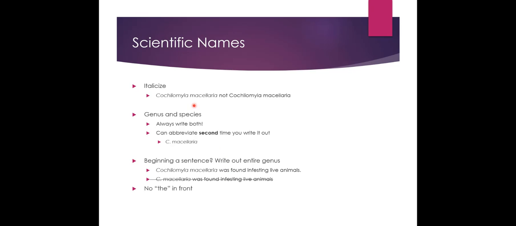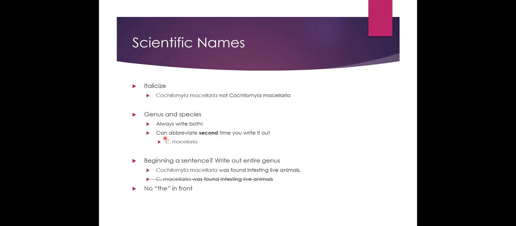However, you only have to write out the genus the very first time you write the organism, because then you can assume, especially in a paper, that you've introduced everybody to what you're talking about. Now you don't have to waste your time writing both. So the second time you write the genus and species, you can abbreviate the genus. Usually the abbreviation is the first letter of that genus name.